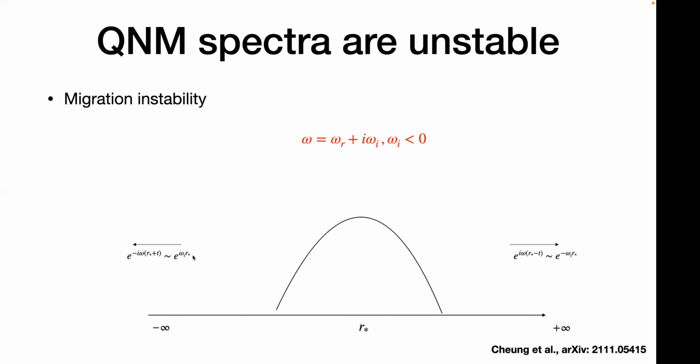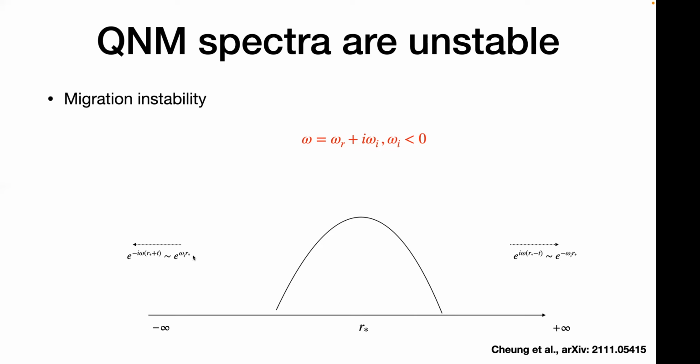So you can see at either side, the eigenfunction of this quasi-normal mode actually blows up. Any tiny perturbation at infinity or at the horizon can lead to significant change to its eigenfunction. As a result, the mode frequency will also be changed significantly.